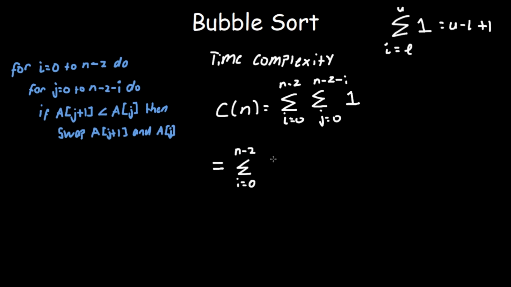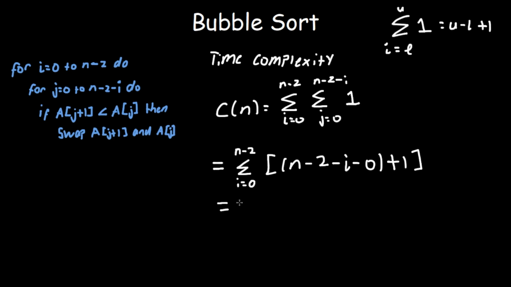Now using that formula, we get this summation equal to n minus 2 minus i minus 0 plus 1.